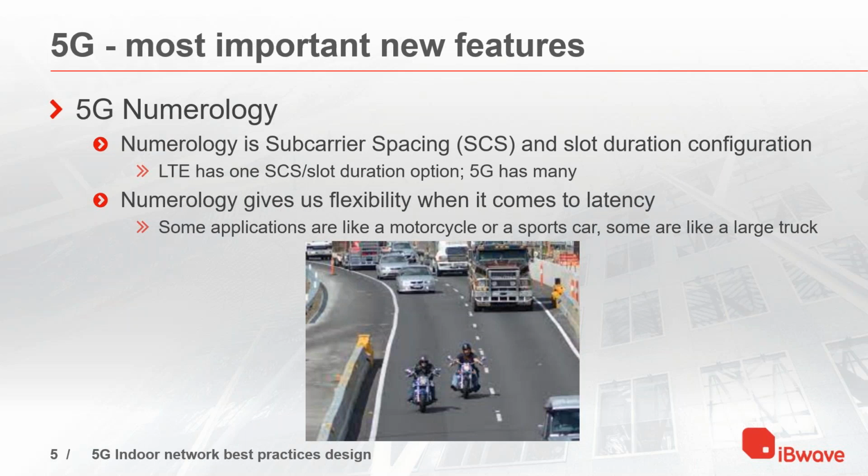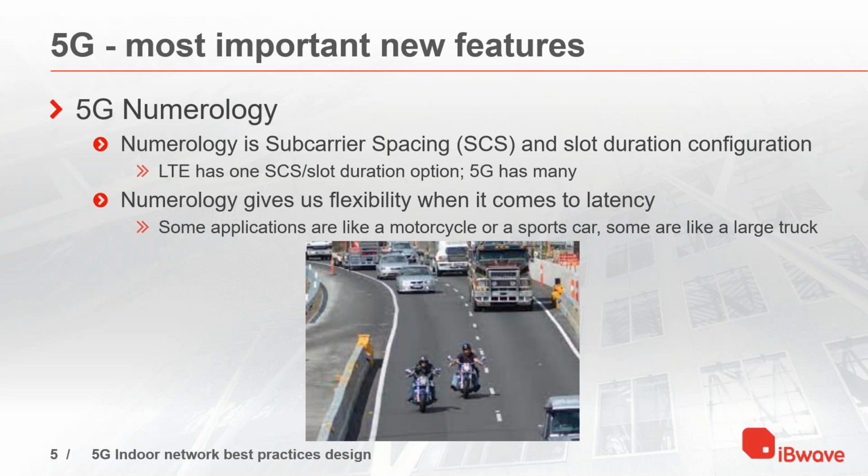Then the next important new feature is 5G numerology. And numerology is just a fancy way of saying we now have different subcarrier spacing and slot duration configuration within our frame.